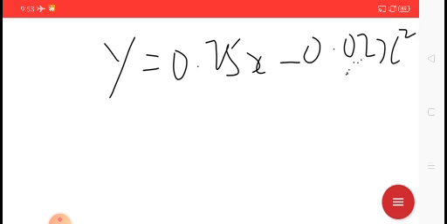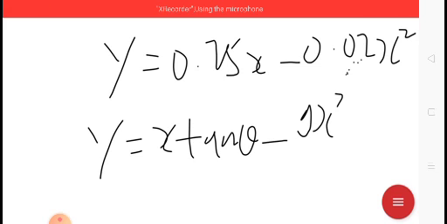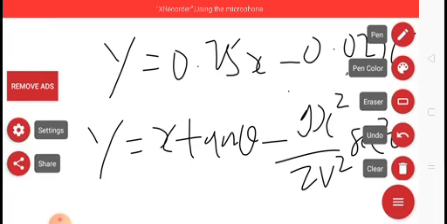This one is projected upwards, so you compare to y equals x tan theta minus gx squared over 2v squared sec squared theta. You can directly compare. If you don't want to compare and need to derive from the original equation, it will take longer. Direct comparison is faster, so for this question you can compare now.